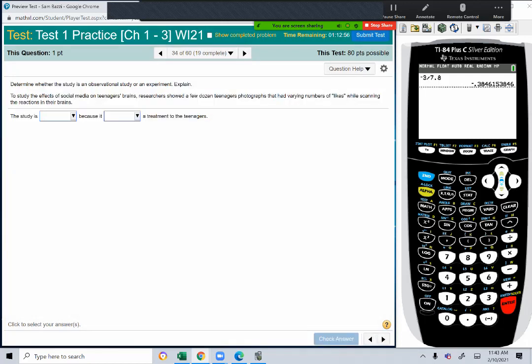That is correct. Determine whether a study is an observational study or an experiment. To study the effects of social media on teenagers' brains, researchers showed a few dozen teenagers photographs that had varying numbers of likes while scanning the reactions in their brains. What do you guys think? Experiment.